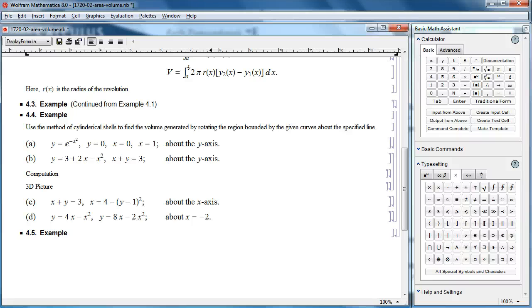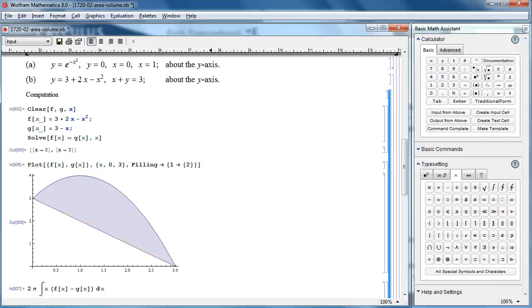Okay, I'm back, and here it is. So we have a parabola, y equals 3 plus 2x minus x squared, the top parabola, and x plus y equals 3, equivalently speaking, y equals 3 minus x.